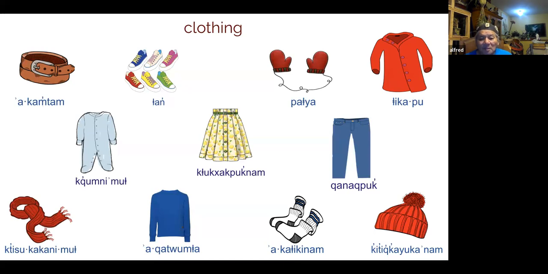And akatwumsa has something to do with the tail, but I'm not too sure. Akatwumsa can be a shirt or a dress, a long full dress. And sometimes it's got a T on the end. Akatwumsat is how I learned it.